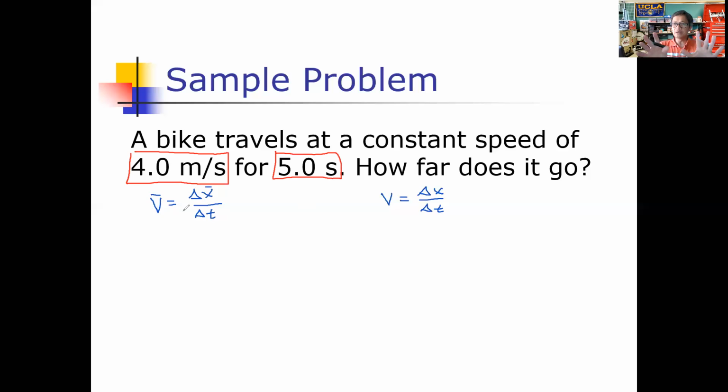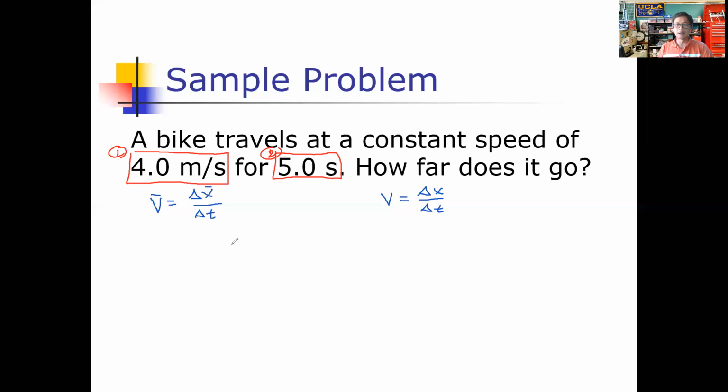Well, if we know the speed or if we know the velocity, we can predict how long an object takes to cover a certain distance, or how far an object will move over a certain time interval. We can make that prediction. So that's what they're asking us to do here. They're asking us to predict that if the bike is moving at this speed here, and he moves for this long, how far will he end up?